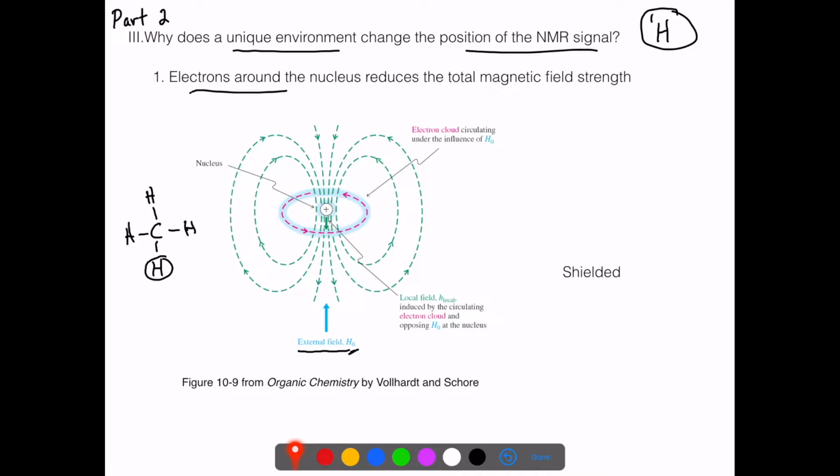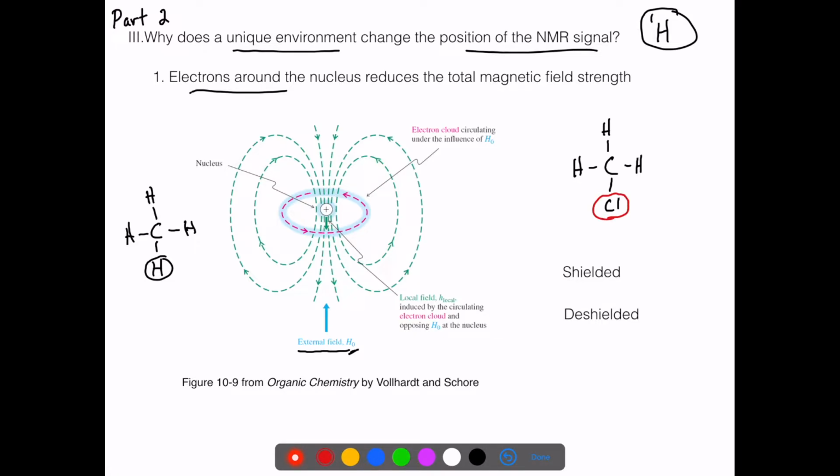What happens is that we can have some of those protons be de-shielded. We can remove some of this electron density, and that would de-shield them, and they feel the fuller effects of this external field. For instance, instead of methane, let's say we had chloromethane. Replace one of the hydrogens with this chloro group right here.